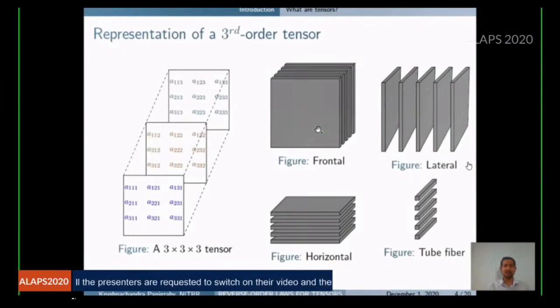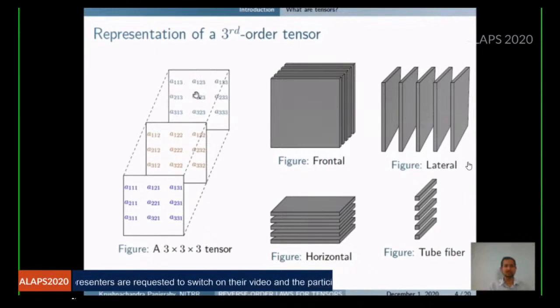Next, in case of a matrix, we have rows and columns. In case of a tensor, we have frontal slices, lateral slices, horizontal slices, and tube fibers. Here I am taking a 3 by 3 by 3 tensor, that is a third order tensor of dimension 3 cross 3 cross 3. This blue first face represents a frontal slice.